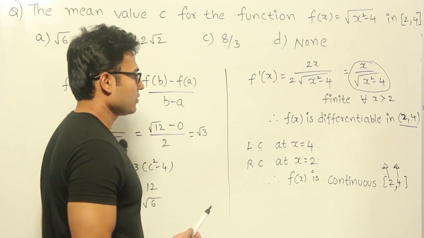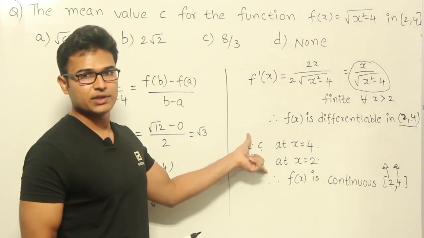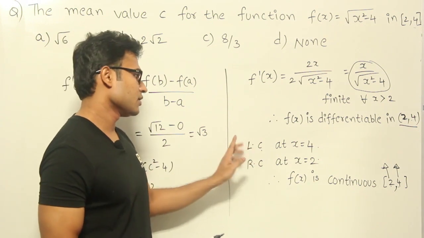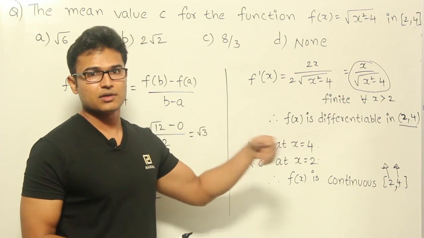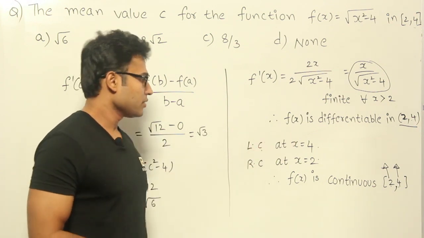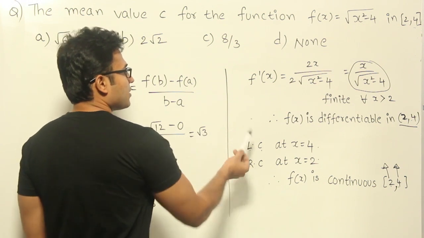Now you can check that from the continuity theory that we have seen earlier. You can check whether it is left continuous at 4, right continuous at 2, and whether it is continuous in the middle values. You can find out that it is continuous, right? So it is differentiable and it is continuous.